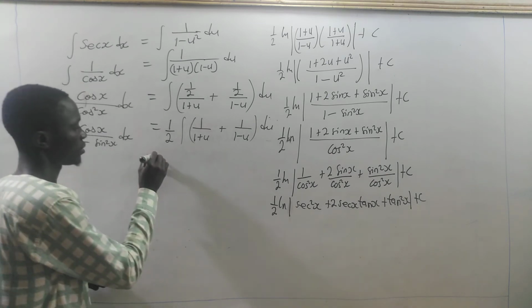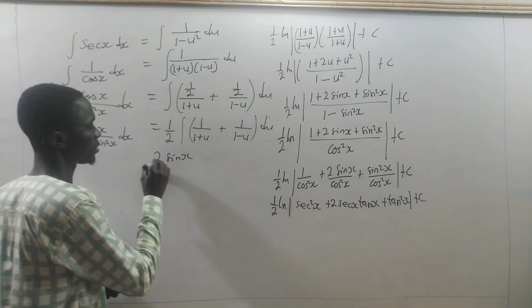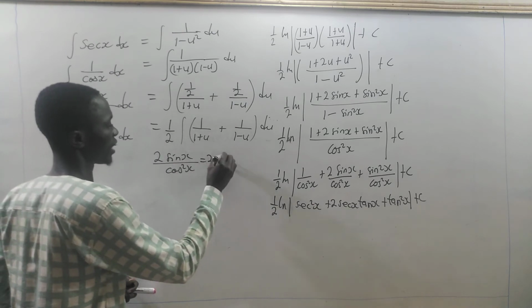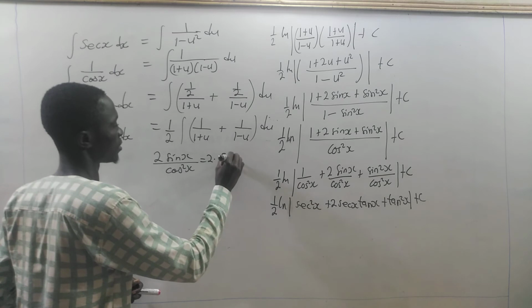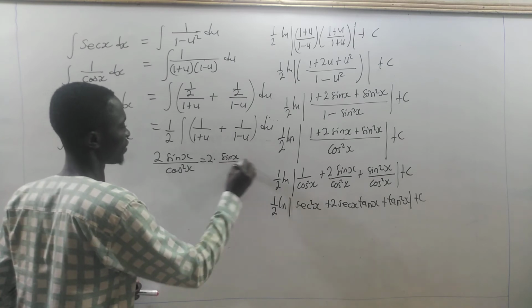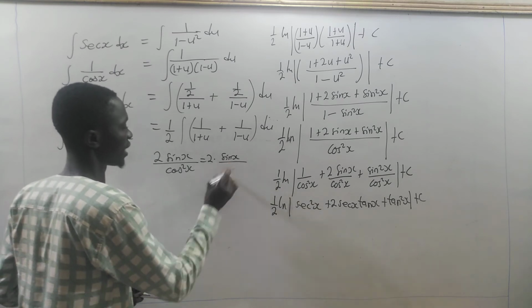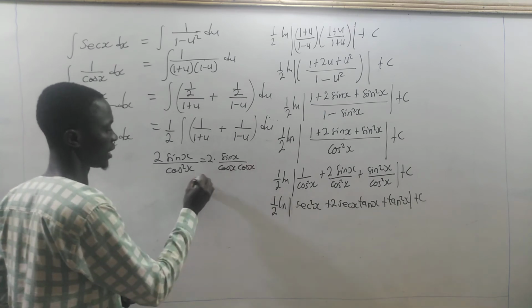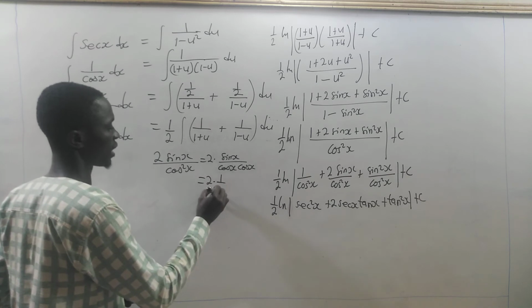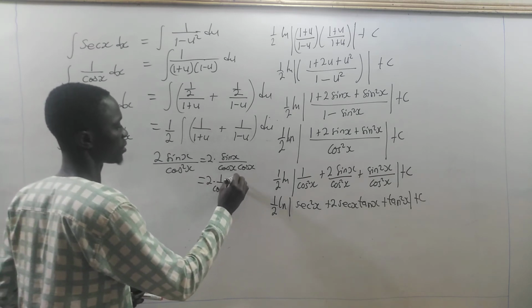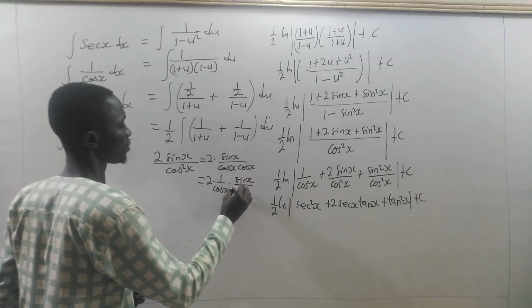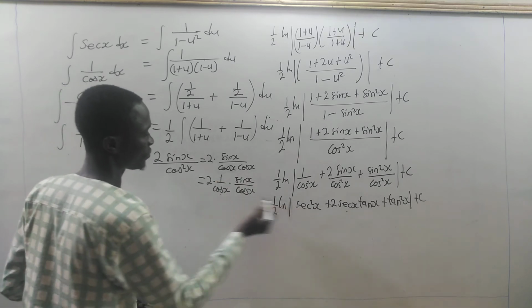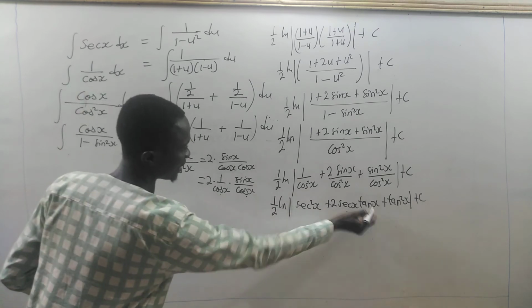Now, here 2 sine x over cosine squared x is the same as 2 times sine x divided by cosine x times 1 divided by cosine x, and this is the same as 2 times 1 divided by cosine x times sine x divided by cosine x. 1 divided by cosine x is secant, sine x divided by cosine x is tangent.